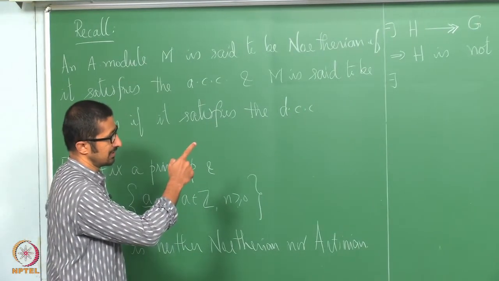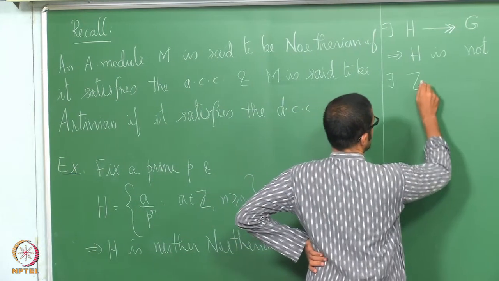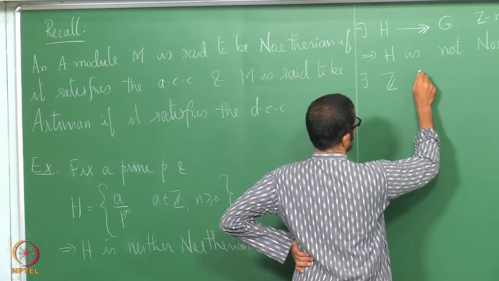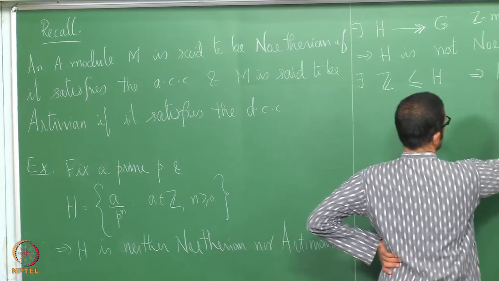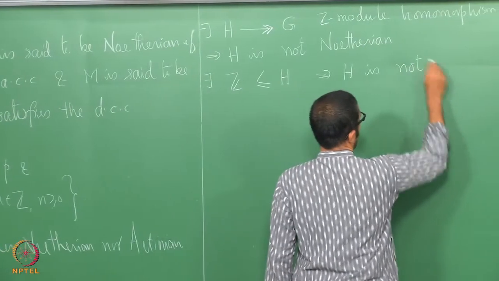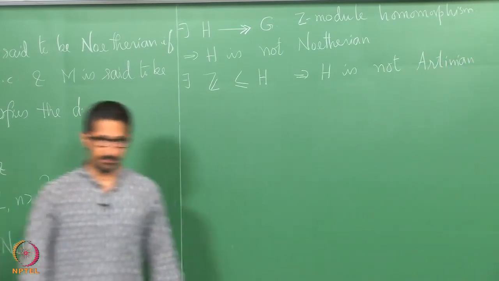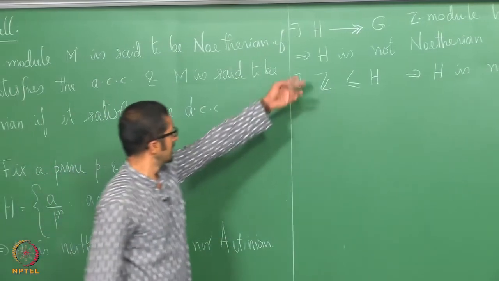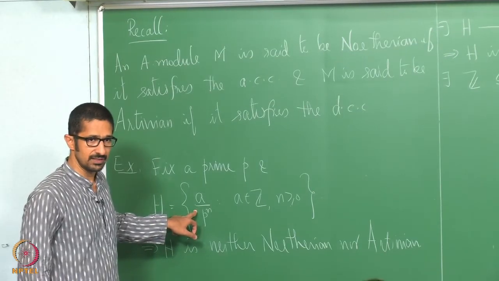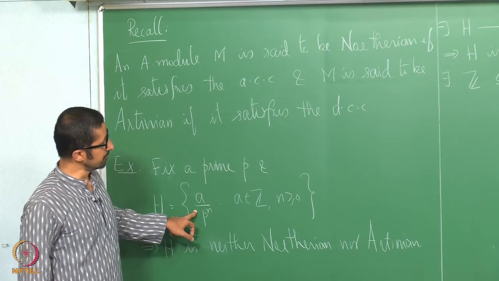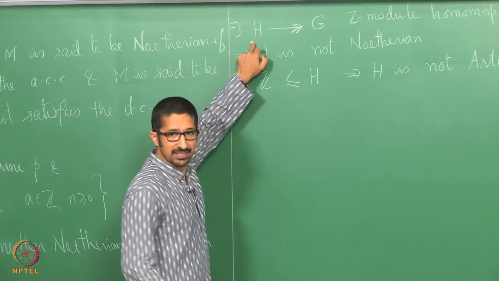H is not Artinian because Z is a submodule of H, right. Z is a submodule of H implies H is not Artinian. H has all of Z here.